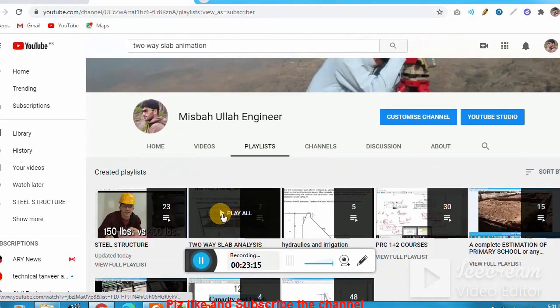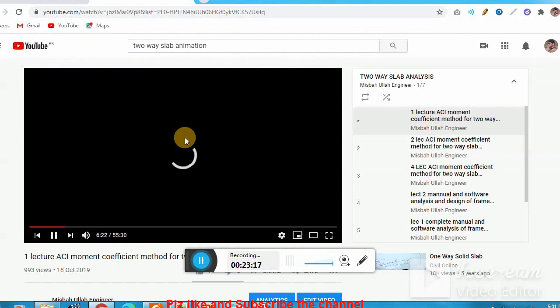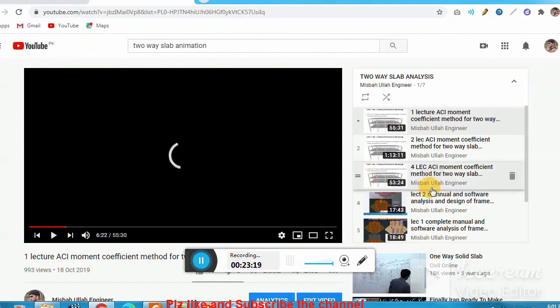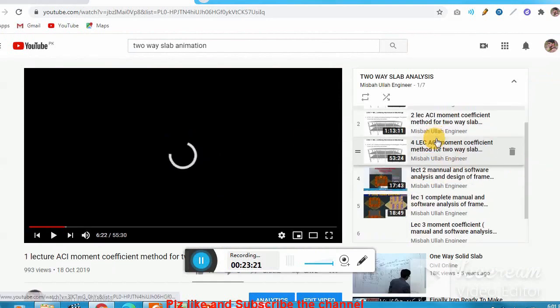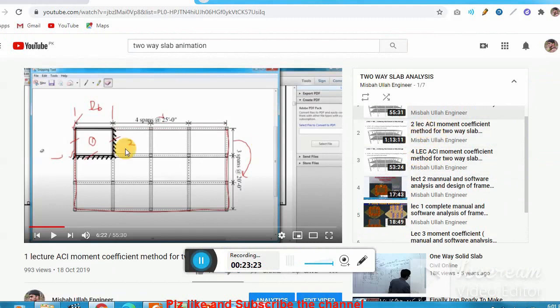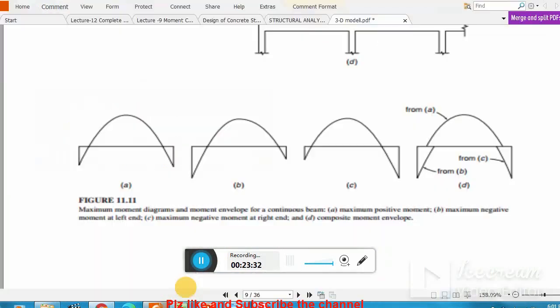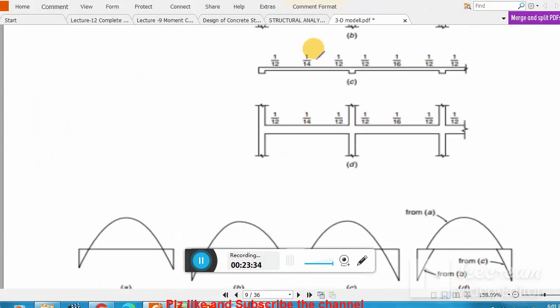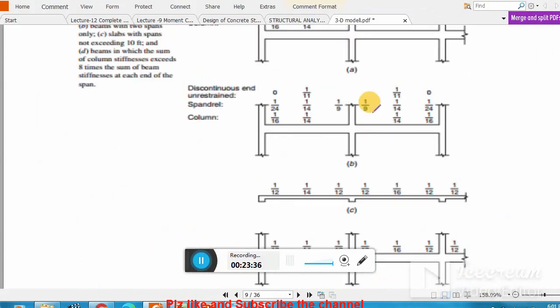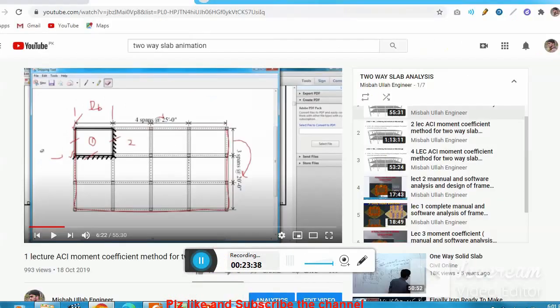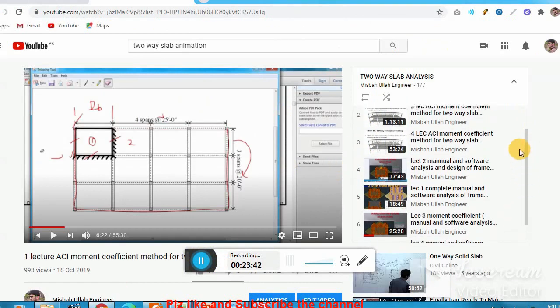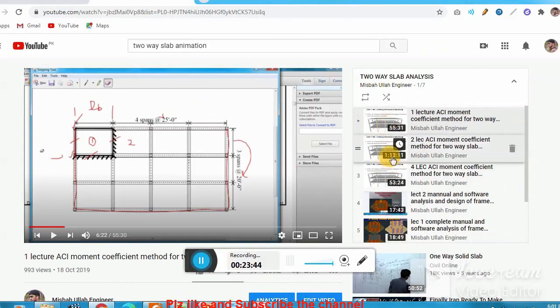This is the two-way slab project, and in this video, like in lecture number 4.2 something, I also explain the whole bent up bars, the detailing of this slab system, and the torsional reinforcement and these coefficients in very detail. So you can watch there. It is very informative lectures.